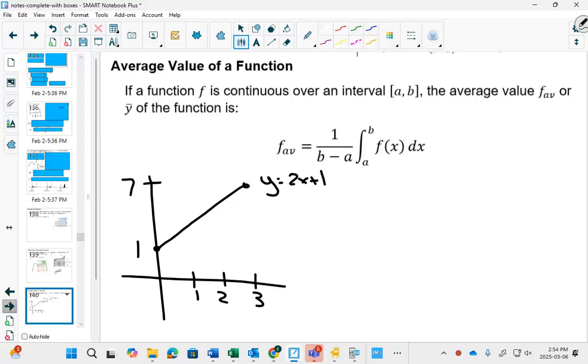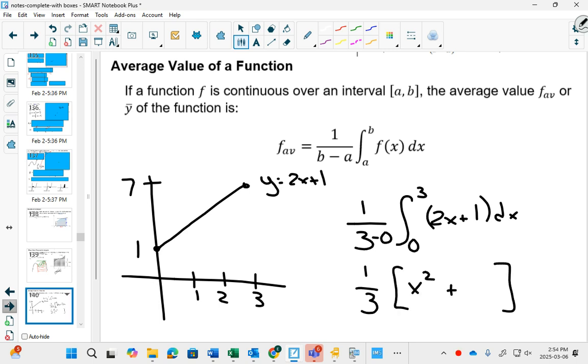Let's check what happens if we find the average with the average formula. So I'm doing the integral from 0 to 3 of 2x plus 1 dx. I'm going to take the average of this, so 1 over b minus a. B minus a is 3; I could show 3 minus 0 to plug in all my numbers, and check what I get as the result.